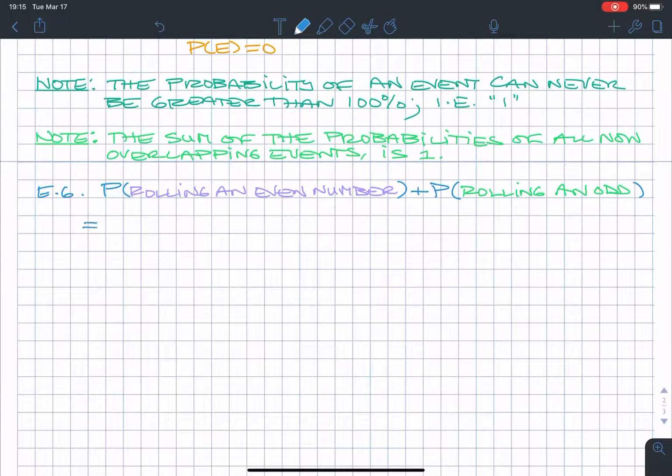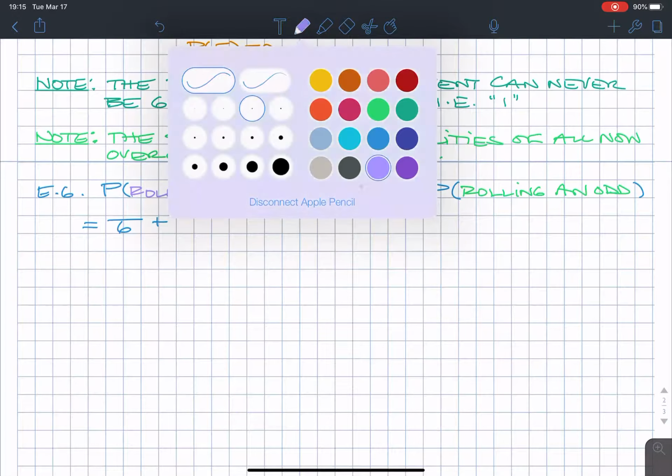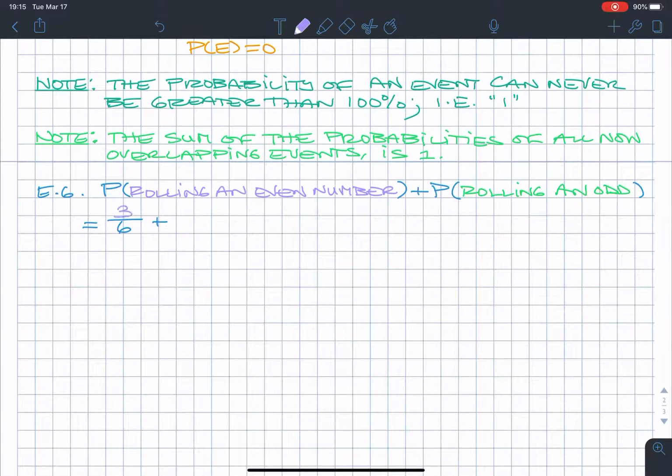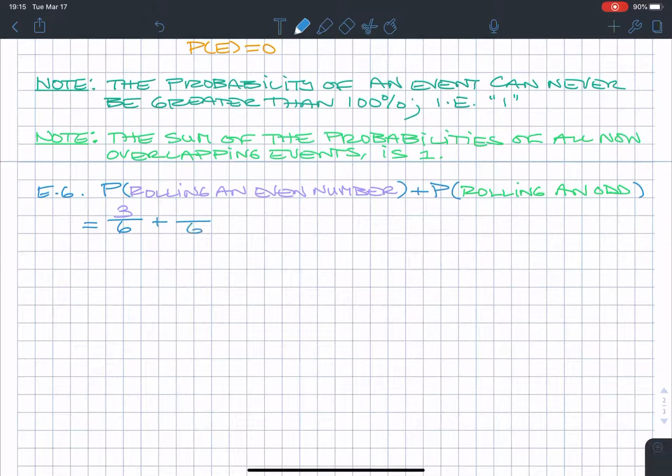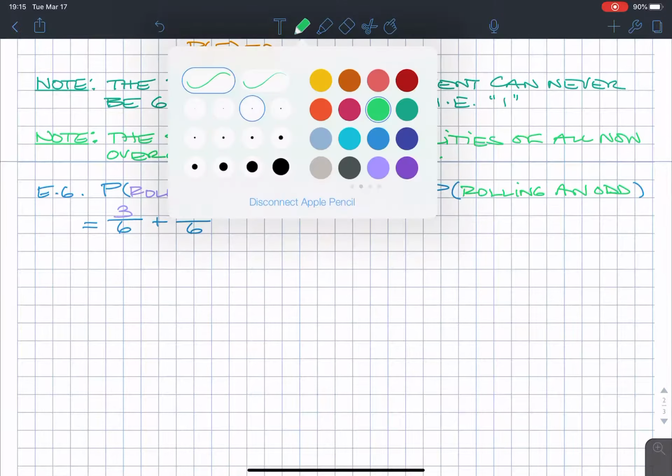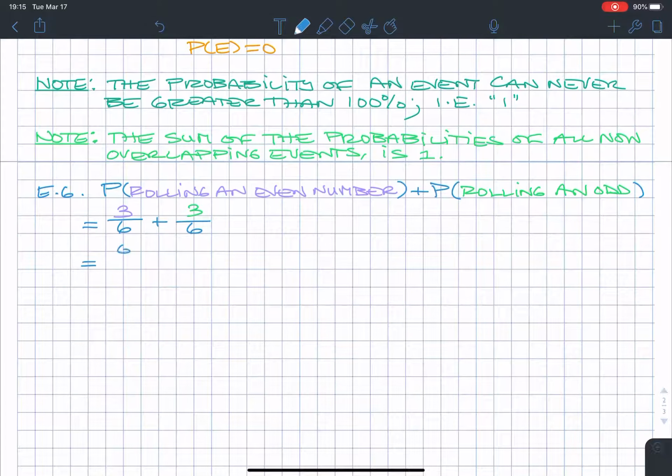Well, the probability of rolling an even number was 3 in 6. The probability of rolling an odd number is also 3 in 6. So we end up with 6 over 6, or 1.